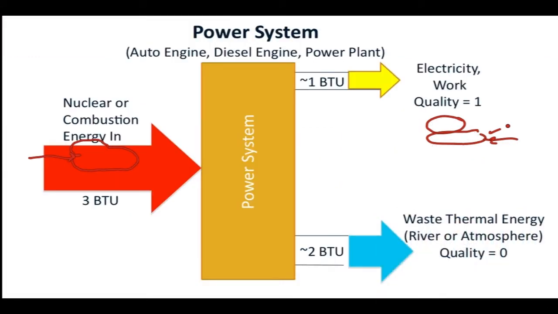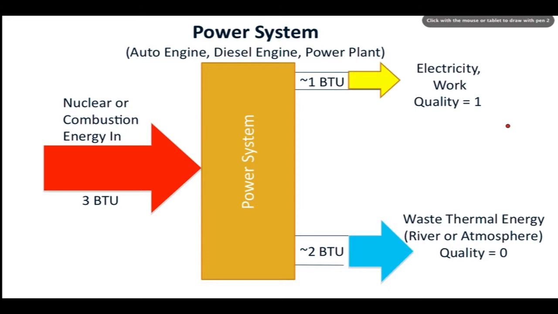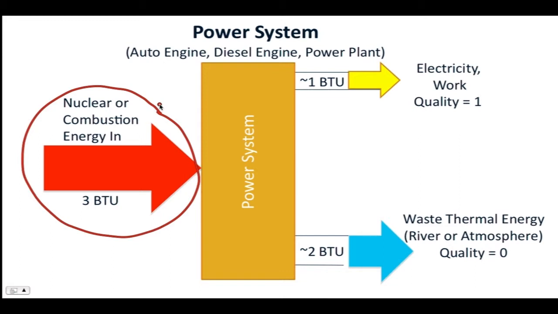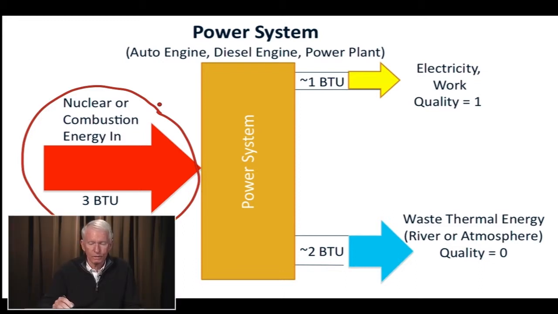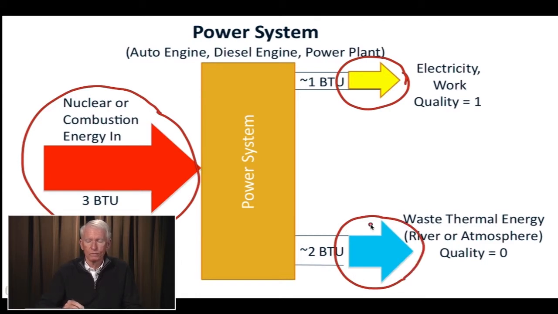We saw this last time, that we're talking about a power system that takes in thermal energy from the combustion of fuels or the nuclear reaction of uranium-235, and then goes to boil steam, and that we convert some of that energy to electricity, and we can throw the rest of it away to the river or to the atmosphere. I've shown it about a third, and this is about what is produced and the split that we have in today's electric power industry, which we'll see in just a minute.